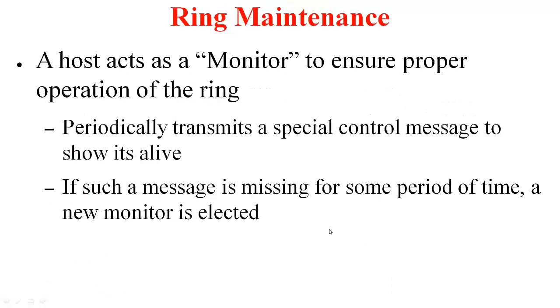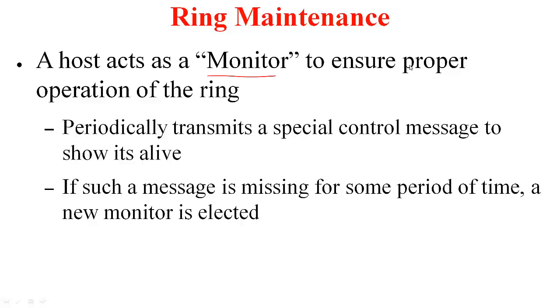I have talked about fault tolerance issues in the taking turns protocol. In order to ensure that the ring is operating properly, there is some ring maintenance done. This ring maintenance is done by someone called a monitor. Any host in the ring can actually act as a monitor, but at any given time, only one monitor can be present in the ring.